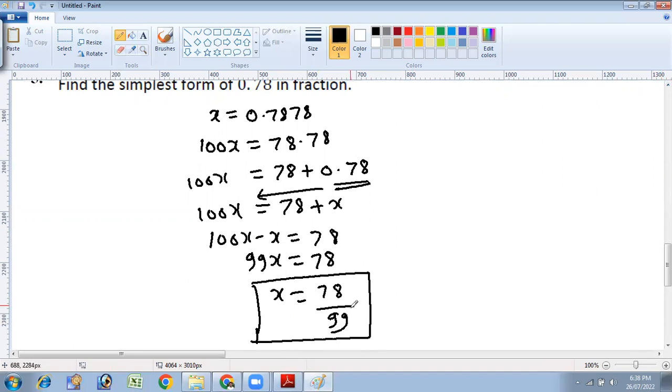Simplify again, but no value is going to cancel. How can you simplify? Is there any value divisible by 3? Then divide. Simplify. 3 2s are 6, 3 6s are 18. 33, 33. That much only, no? Or again? Yes, sir, that much only. No, sir. So this is your answer.